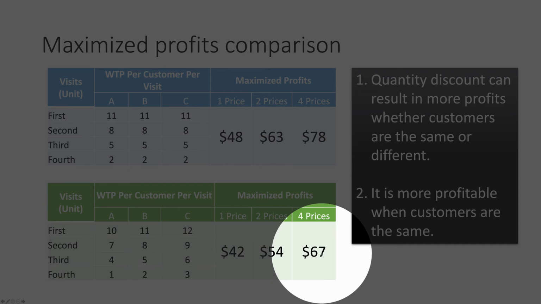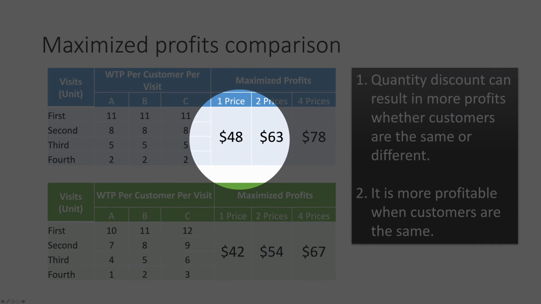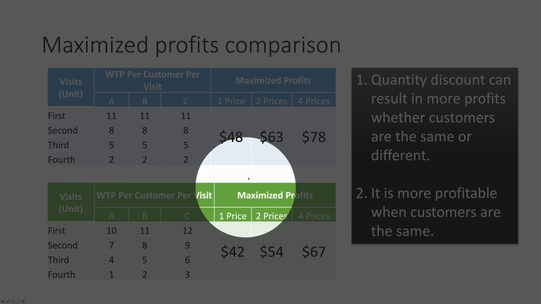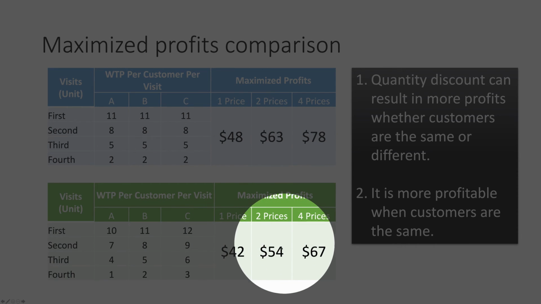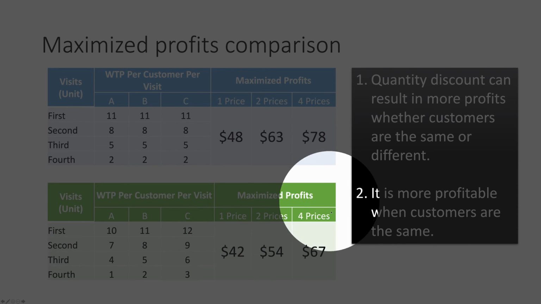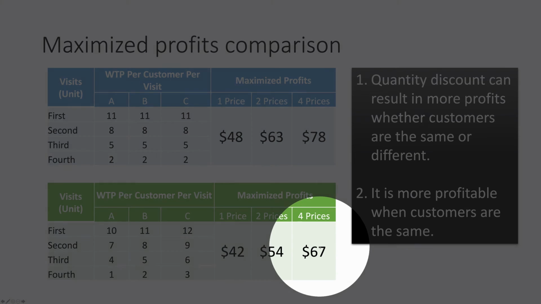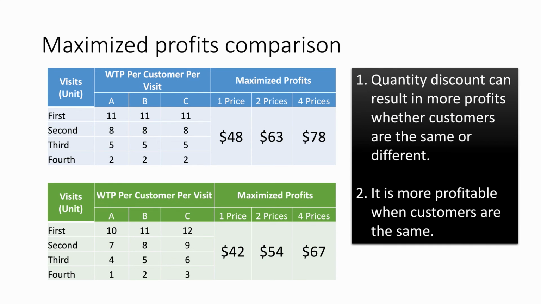It's the same. So the second conclusion, comparing across these two conditions, is when customers are the same, companies can get higher profits. 48 is higher than 42, 63 higher than 54, 78 higher than 67. I hope with these numbers you are convinced that with quantity discount, firms can actually achieve higher profits.